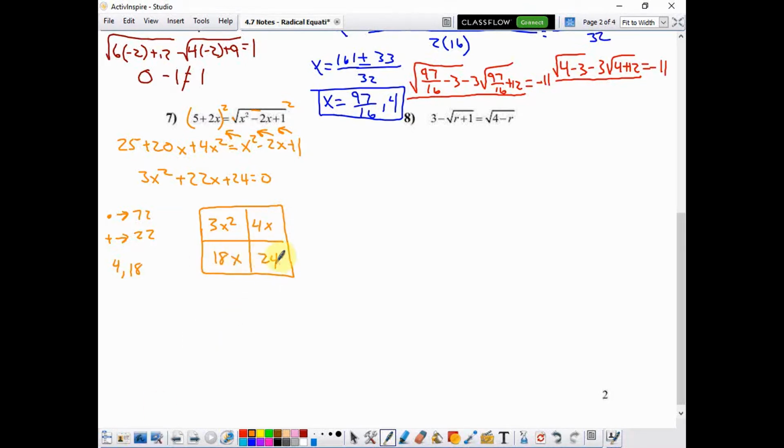So out of this, I can factor a 6. Here I can factor an x. Here I can factor out a 3 and an x. And here I can factor out a 4. 3x plus 4 times x plus 6 equals 0 is my factored form.